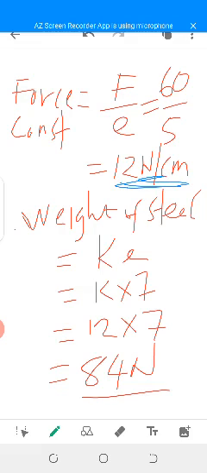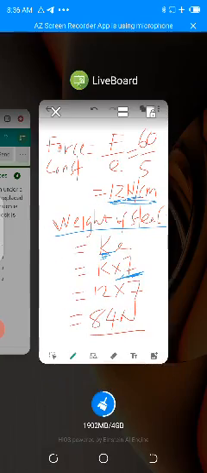They now ask, what is the weight of the steel block? Now, we already know that they gave us the extension of that new steel block to be 7.